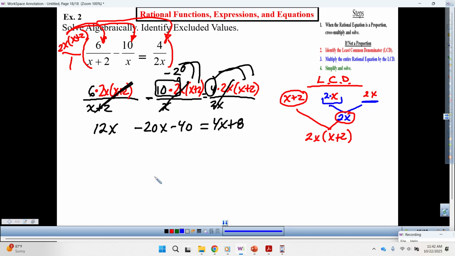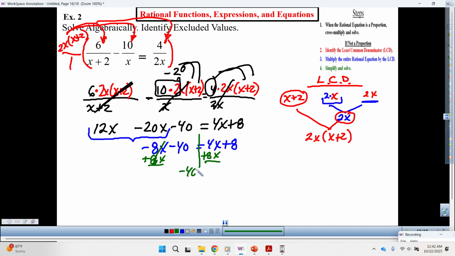And from there, the rest is history. Let's combine like terms. What is 12x minus 20x? That's negative 8x minus 40 equals 4x plus 8. Let's get all variables to one side. I'm going to start with the smallest variable. The smallest variable is a negative variable. So I'm going to start with negative 8. So I do plus 8x, plus 8x.